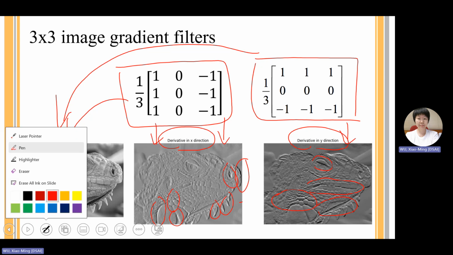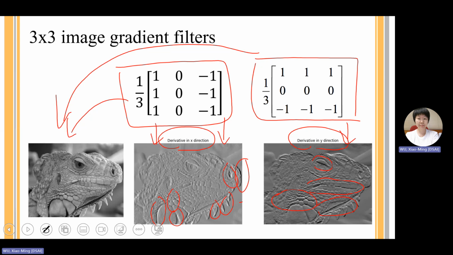And look at this place. The vertical edges appear clearly on the result of X derivative, but they don't show clearly on the result of Y derivative. This edge, this part, you don't see it here.